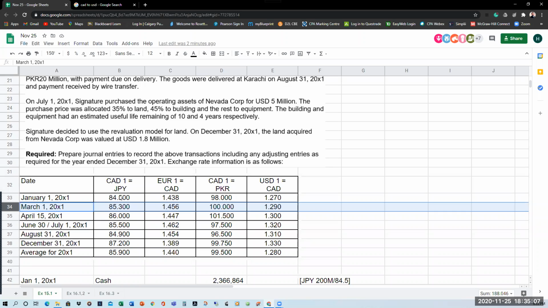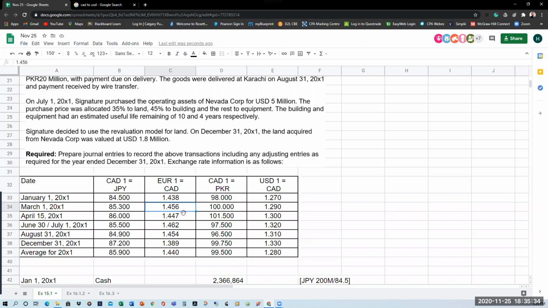The Japanese yen quotation was 1 Canadian dollar equals how many yen? Whereas for the euro, it's 1 euro equals how many Canadian dollars? So depending on how your exchange rate information is available, you will either divide or multiply the foreign currency by the exchange rate.